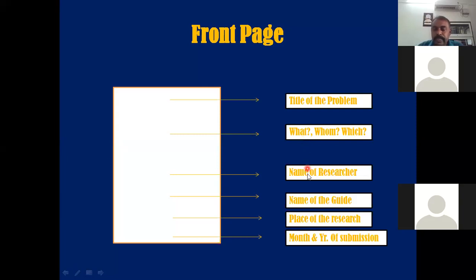Then the name of the researcher, the name of the guide, place of the research, and month and year of the submission. These points should be covered on the front page. If you see any university thesis front page, you will see the same pattern. You will see the logo also.